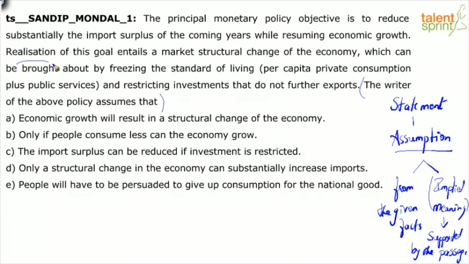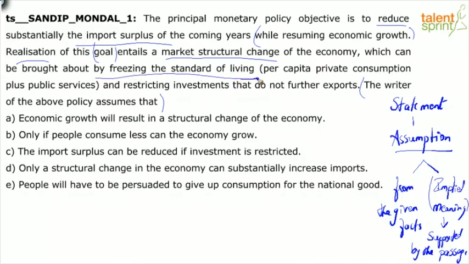So, realizing which goal? The goal of reducing the import surplus. This is something that will happen simultaneously, the economic growth. So how can this be brought about? How can we achieve this market structural change of the economy?